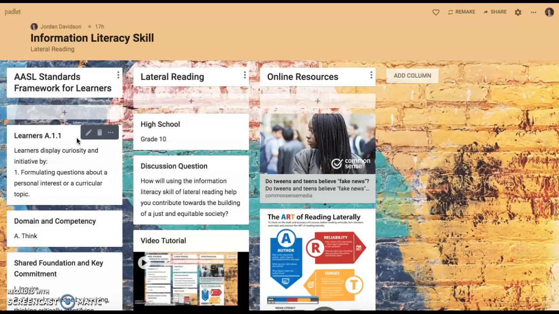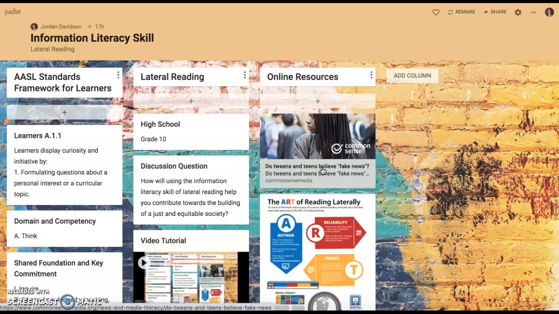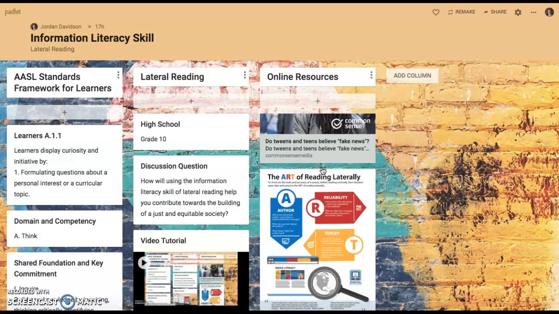This practice starts when students are provided strategies that tap into their own background knowledge and begin to question information, think critically about it, and use strategies such as lateral reading to build on their knowledge. The online resources on the Padlet are for you to first learn about lateral reading and what it is.